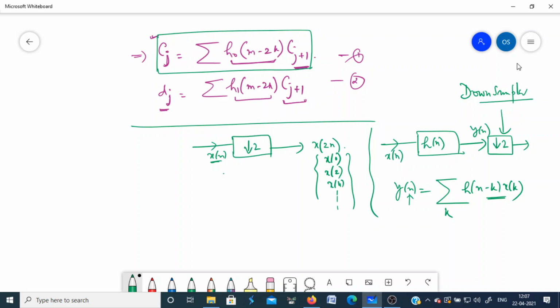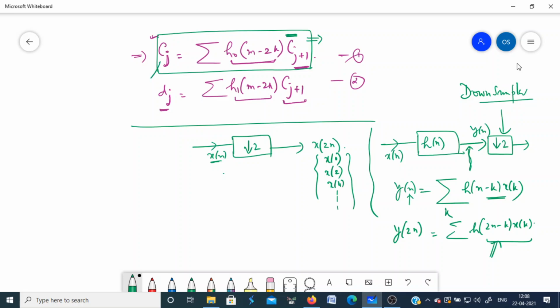Okay. So if you replace n with 2n, if the output of the convolution or this filter is passed through a downsampler, you will get h of 2n minus k into x of k. So this sequence is now very much similar to this output. It means in place of x[k], you have this sequence c of j plus 1.